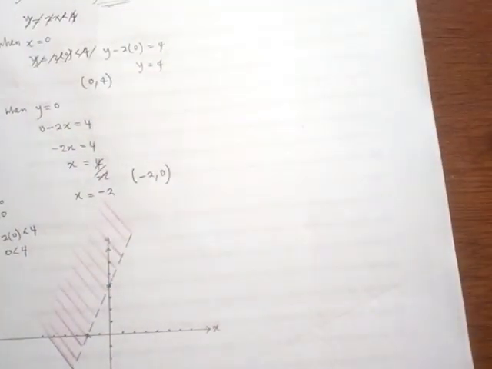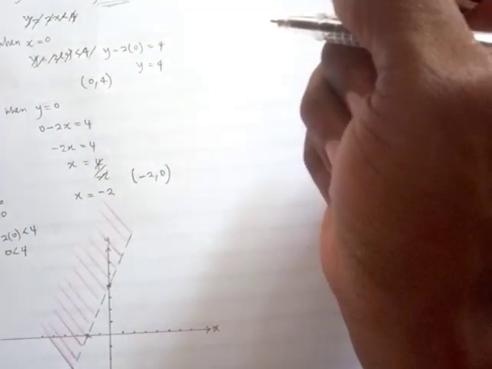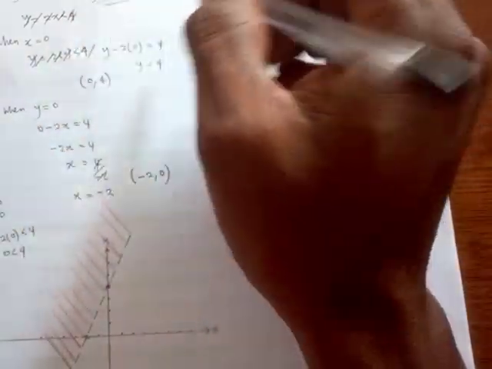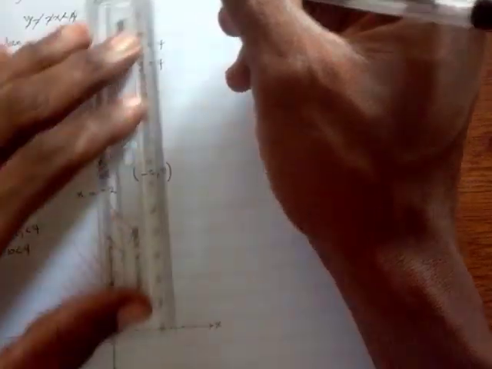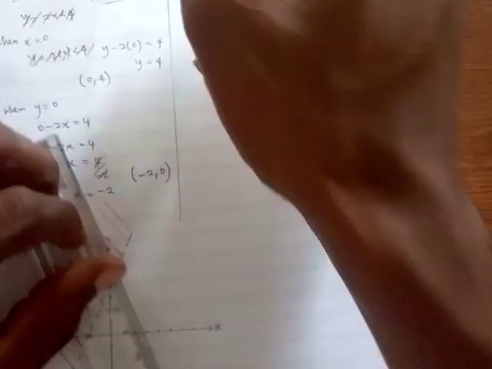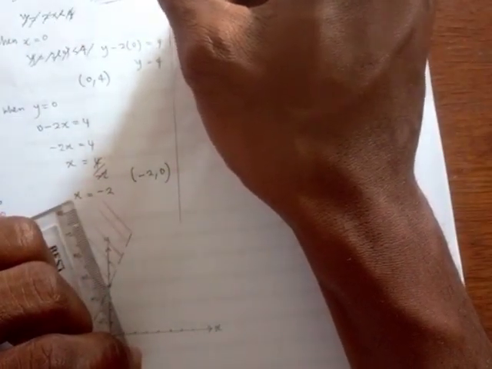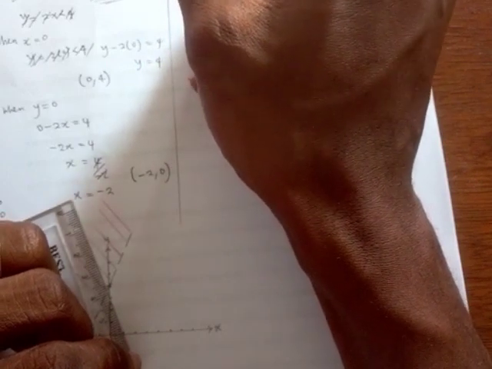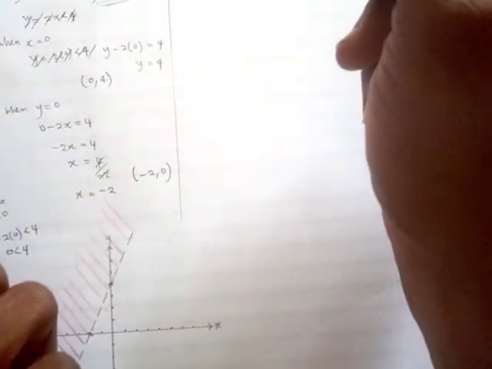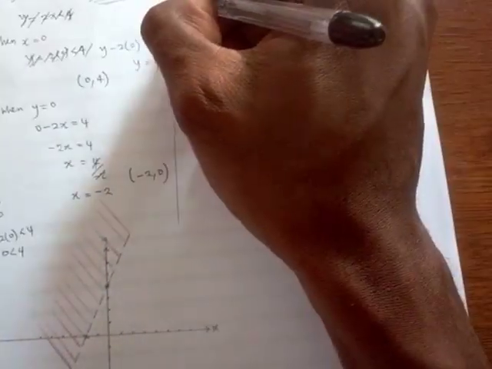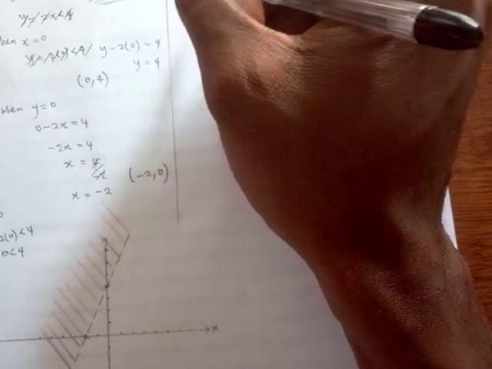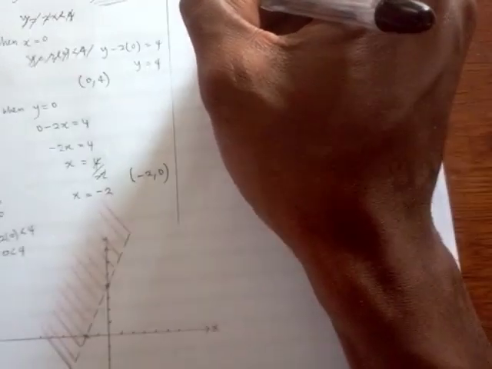Let's go to the next inequality. Next inequality says 2y plus x is greater than or equal to 5. So we're going to draw the boundary line for 2y plus x is equal to 5.